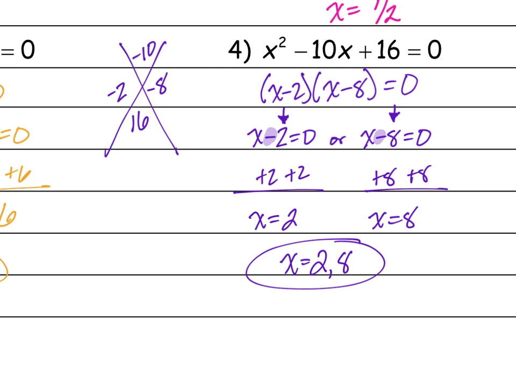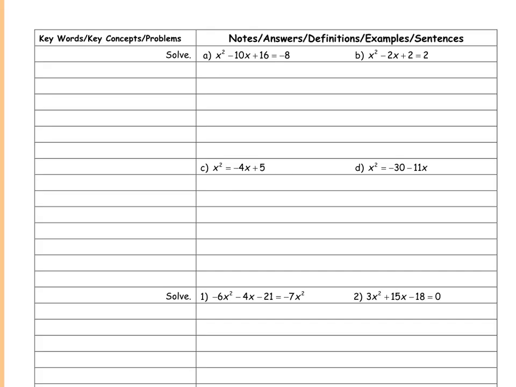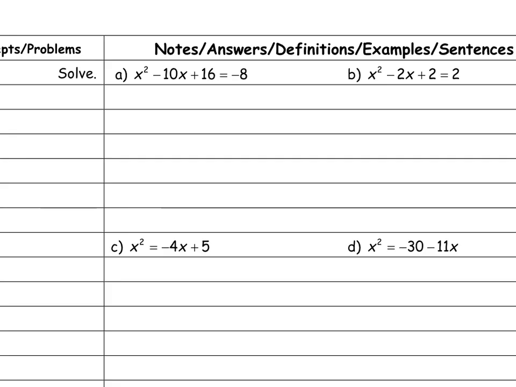Whew. 2 answers. Okay? Everyone okay with that so far? We're good? Okay. So now there's 4 questions here. Remember, we want everything to be on the same side of the equal sign. So like for the first one, I would add 8 to both sides of the equal sign.